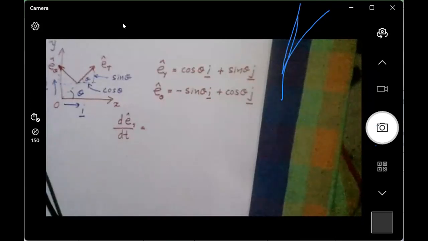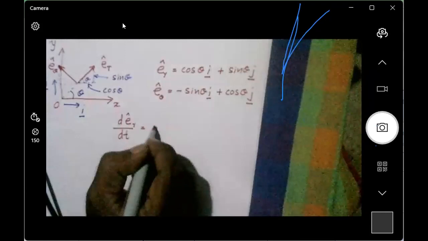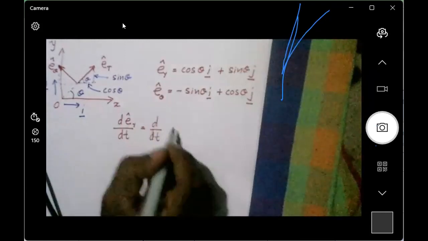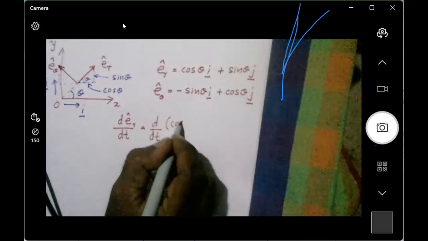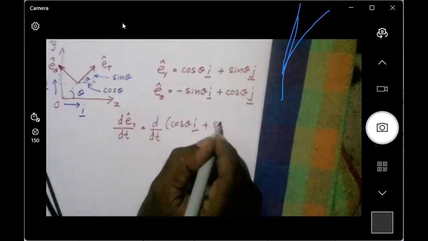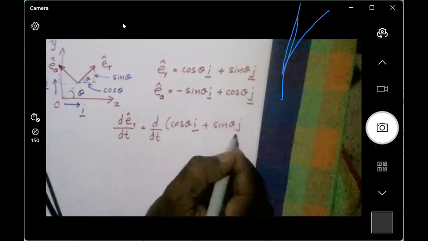So differentiate this part, d over dt of cos theta i plus sine theta j.